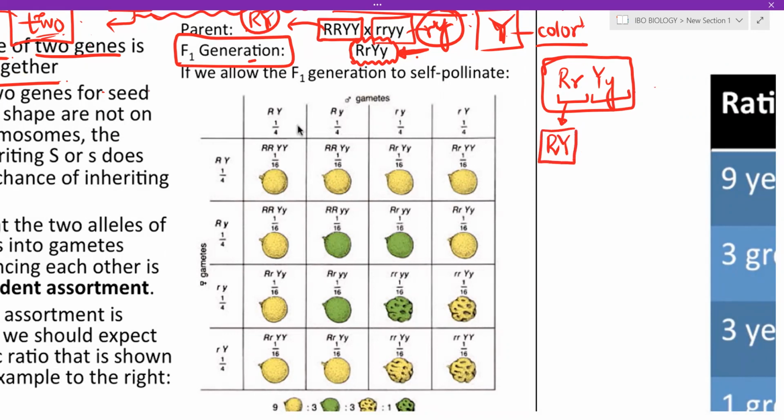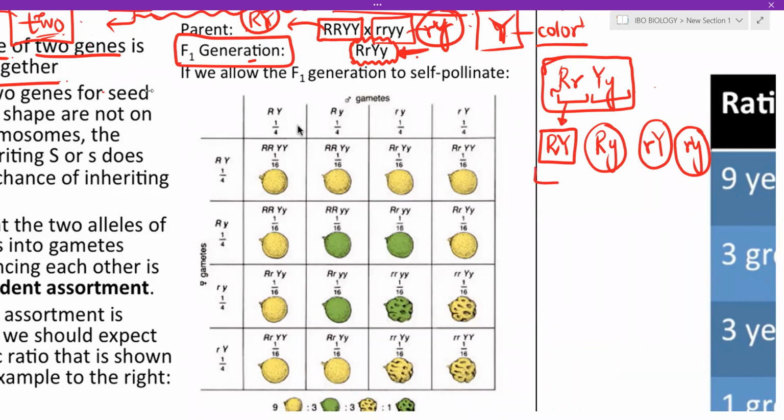So a capital R and capital Y is one combination. Then a capital R with a small y is a second combination. Then a small r and a capital Y is a third combination, and a small r and a small y is another combination. So these are the four possible combinations that you can get for two different sets of genes.